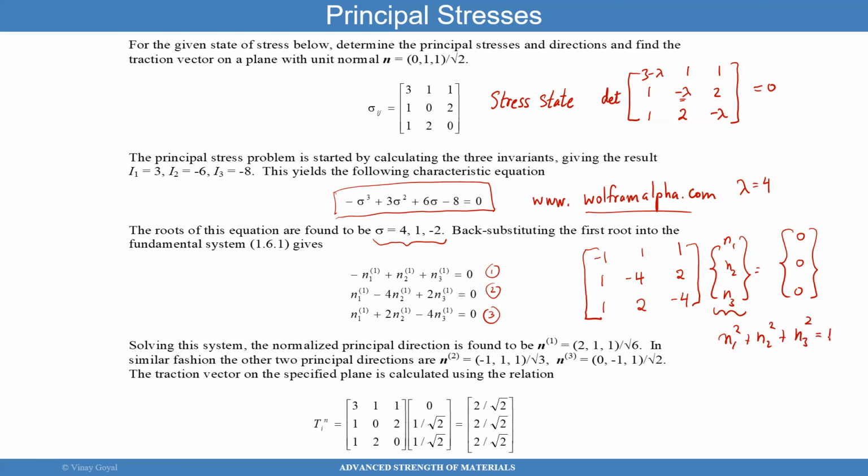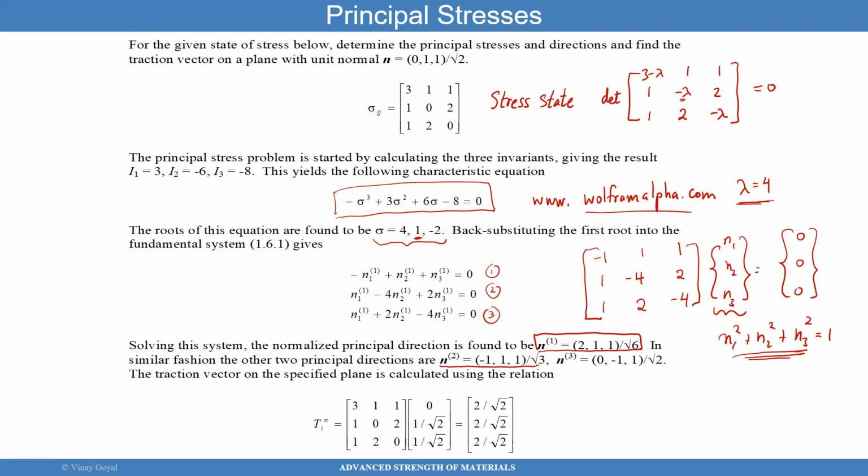I invite you to go ahead and show that for lambda equals 4, for example, you find that this is one of the vectors that corresponds to lambda equals 4. And you can do that by solving the system of equations and enforcing this equal to 1. If you do that, you'll find that. And then the same thing for lambda equals 1, you find the second vector, the slanted surface.